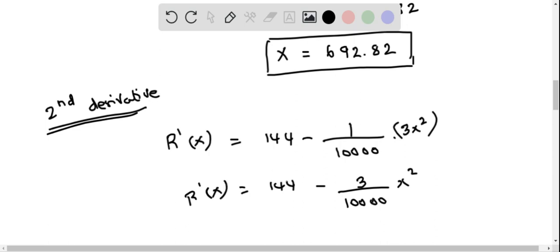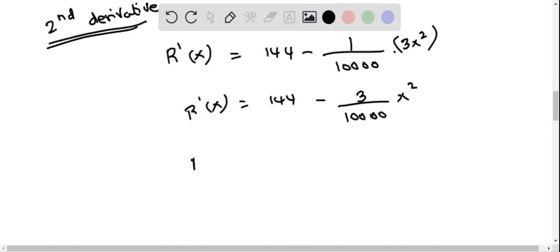Let's find the second derivative of this function. So I find the derivative on both sides. So derivative of a constant is 0. So this becomes 0 minus, this is a constant, so I keep the constant as it is, 3 by 10,000, and find the derivative of x squared. Derivative of x squared is 2x.